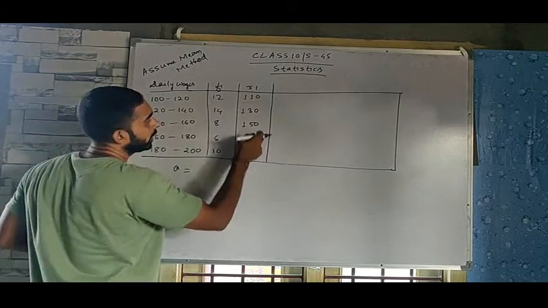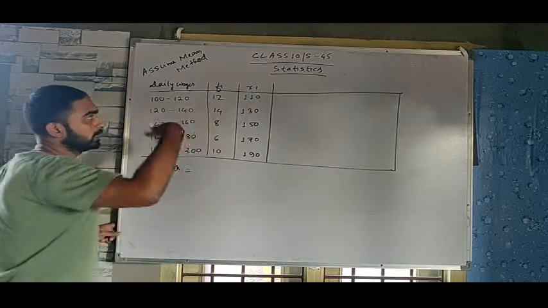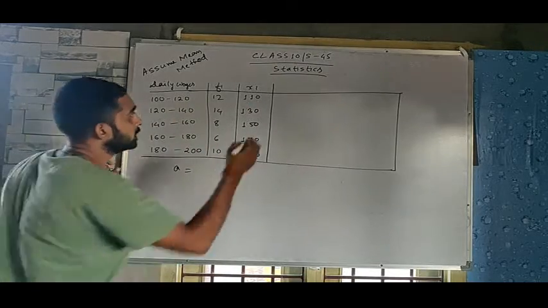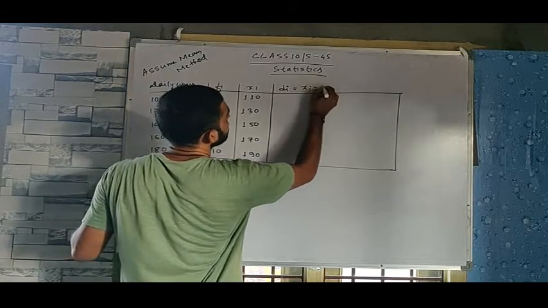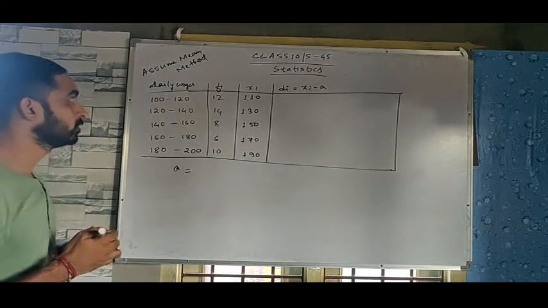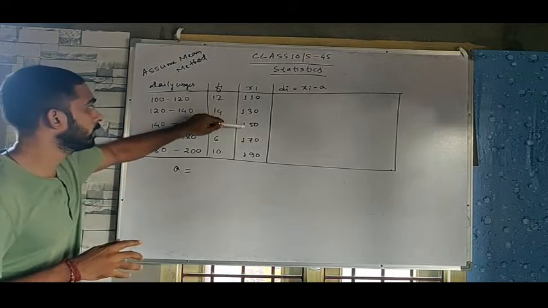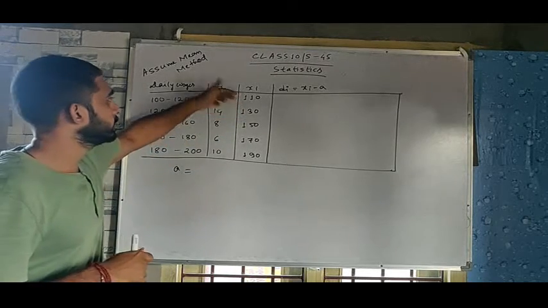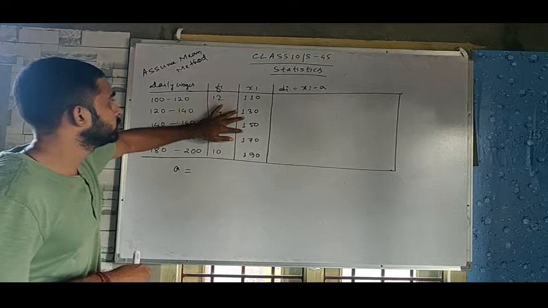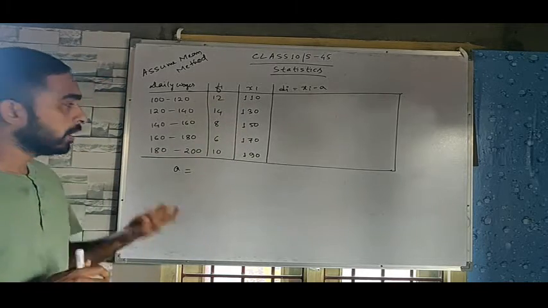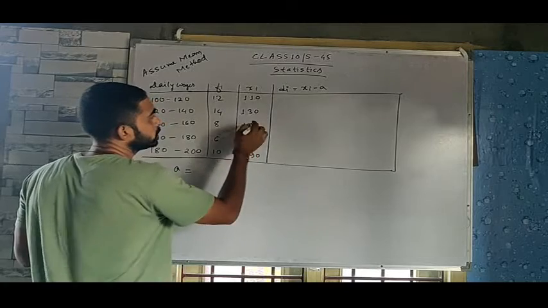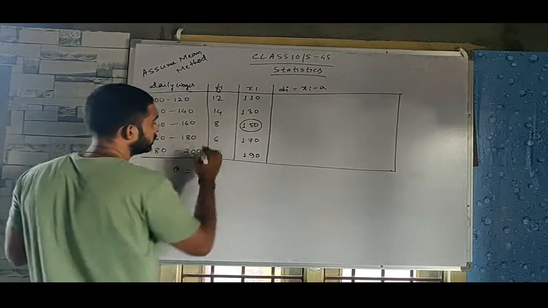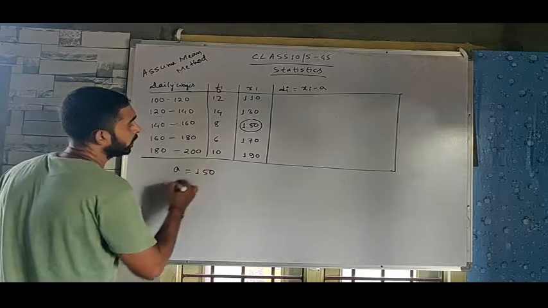Suppose there are 5 class marks, we can consider any one as A, because the next column is di, and di equals xi minus A. We can consider any one of these 5 as A, but if possible, consider the middle one. There are 5 numbers, so consider the middle as A. So A equal to 150.